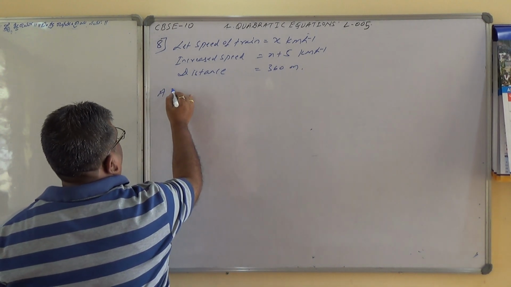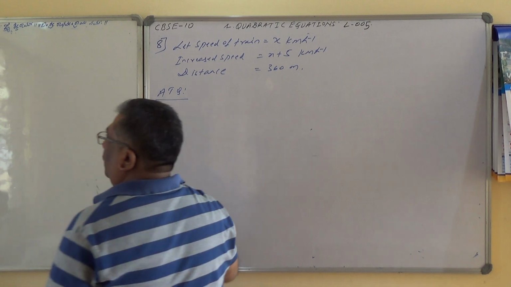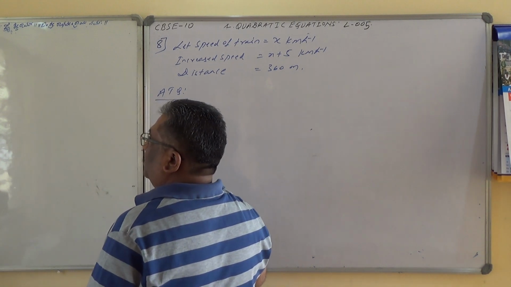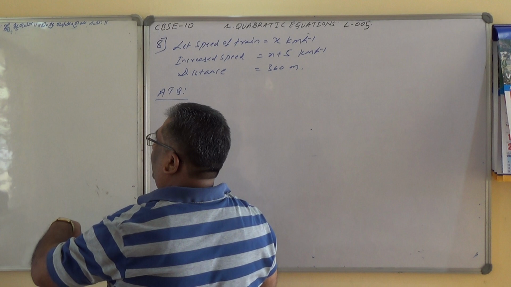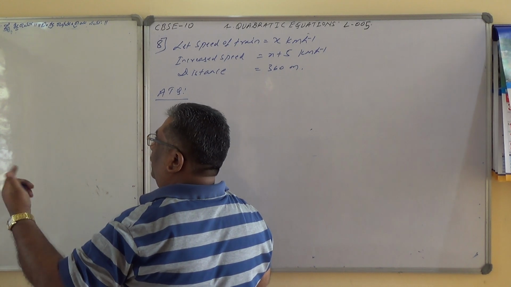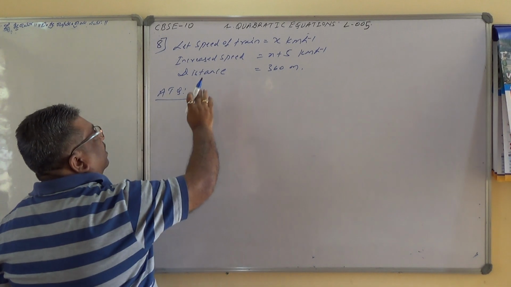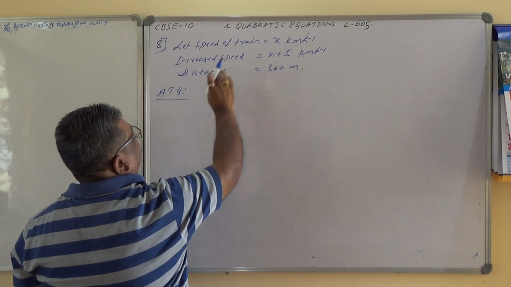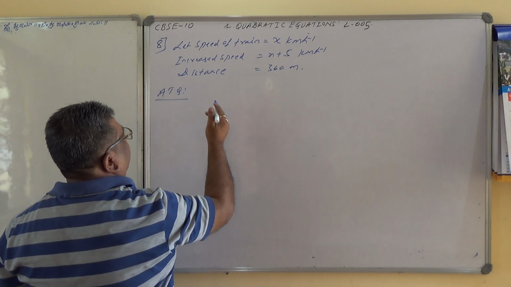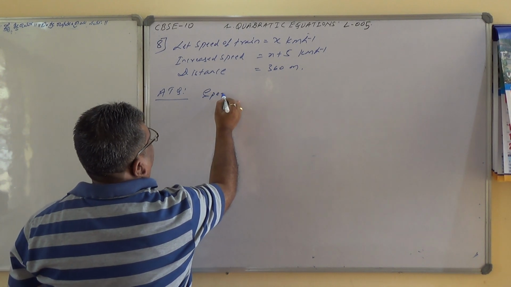According to the question, if the speed of the train had been 5 kilometers per hour more, it would have taken 1 hour less for the journey. So according to the question, what I'll do here, the time here, this is basically the formula.